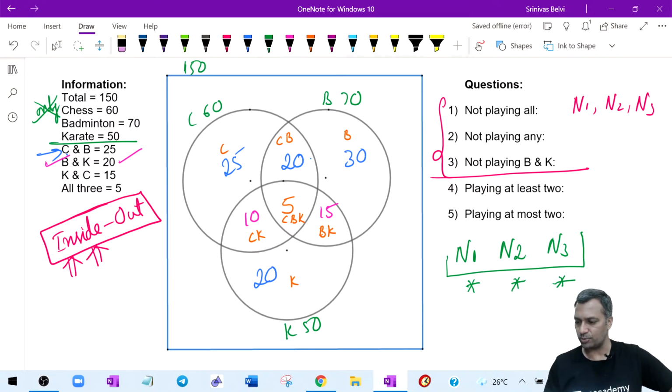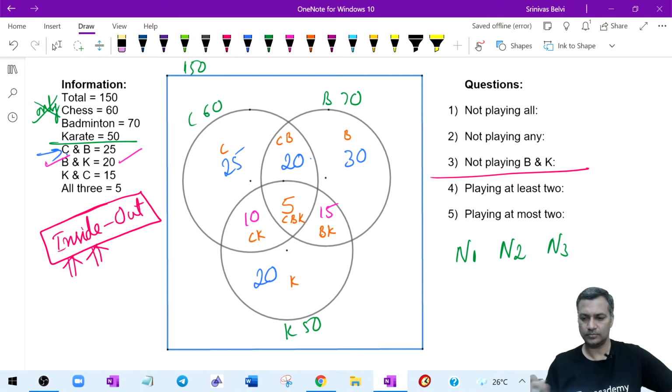Okay, answer the first three questions. Put the answer to N1, N2, N3. First three questions. Quick, quick, quick.